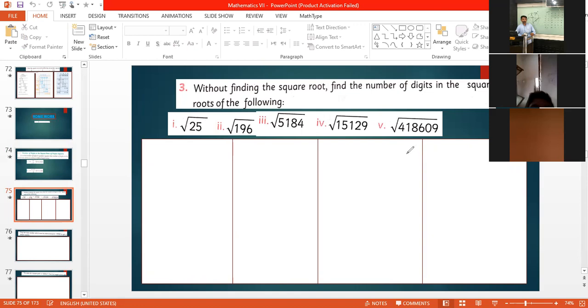So how many digits will there be? Only 1, because 5 is a single digit. The number 25 has 2 digits, which is even. So we use the n by 2 formula: 2 divided by 2 is 1. So after finding the square root, we get only 1 digit.